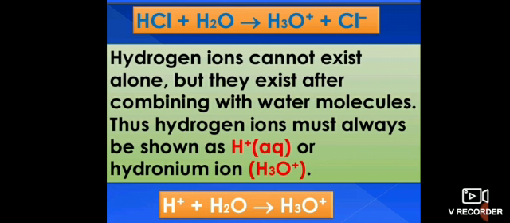Hydrogen ions cannot exist alone, but they exist after combining with water molecules. Thus, hydrogen ion must always be shown as H+(aq) or hydronium ion H3O+, when hydrogen liberated combines with water to form hydronium ion.